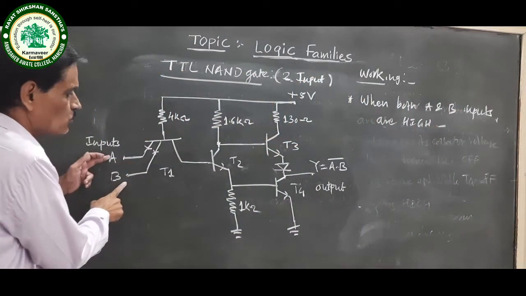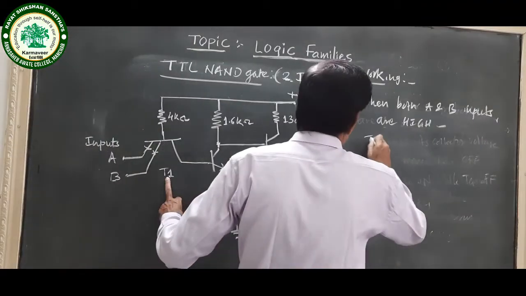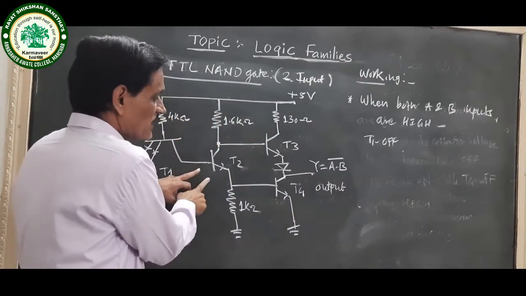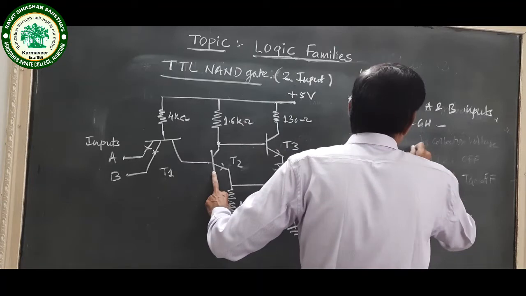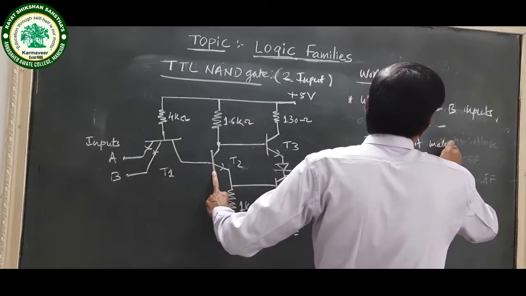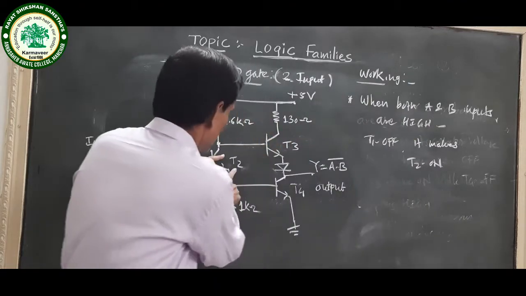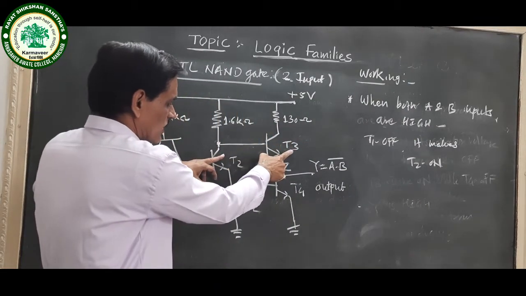Whenever A and B both are high, the transistor T1 is off. T1 is at cutoff. Its collector voltage is high, therefore it makes T2 on. When T2 is on, its collector voltage is low, therefore T3 remains off.